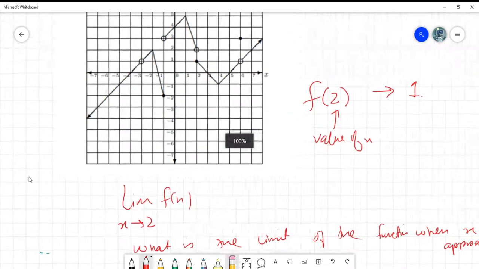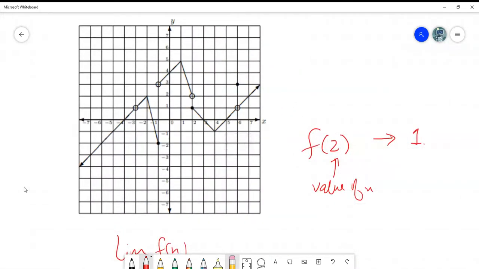I will look at it slightly from the right. When I look at it slightly from the right, the value of f of x is very close to 1. So when I look at x equals 2 from the right, then f of x equals 1.